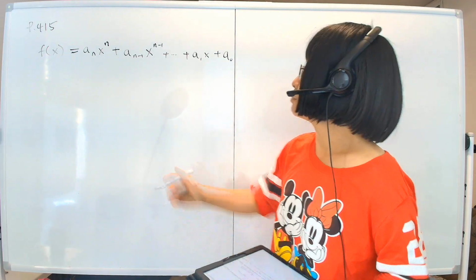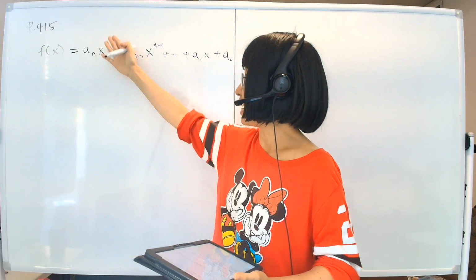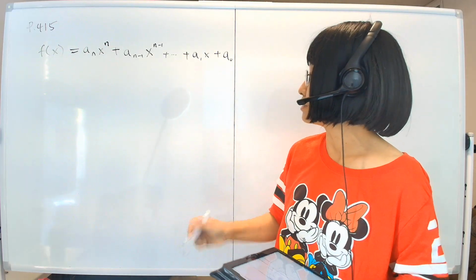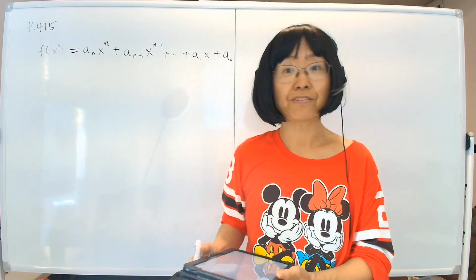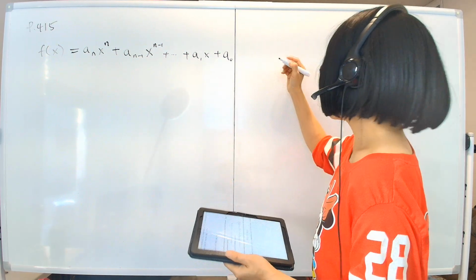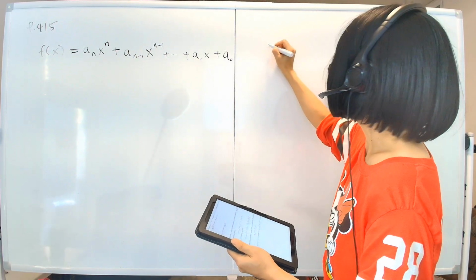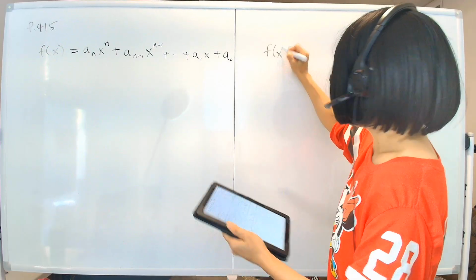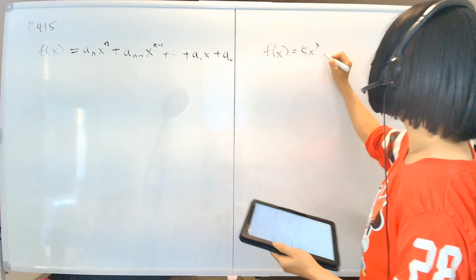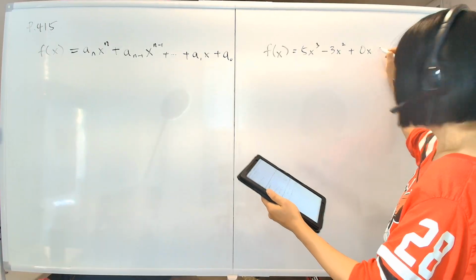Now, remember that when you see a polynomial like this, there are a whole ton of symbols, right? There's a, there's n all over the place, and then n becomes n minus 1, and then a_1, a_0, lots of a's and numbers, and it might look confusing. So when that happens, you just write or think about an example in your head. For example, the book shows f of x equal to 5x cubed minus 3x squared plus 0x plus 4.